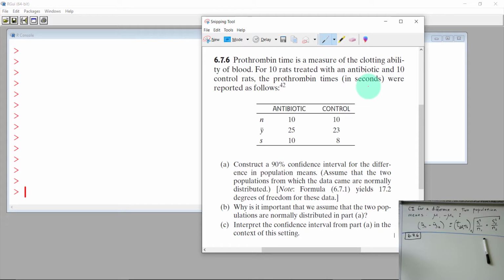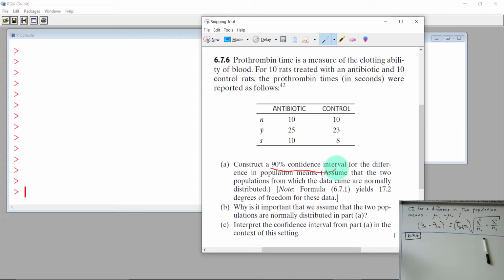So we've got two groups here. We've got the time in seconds for the blood clot time for the treatment group exposed to the antibiotics, and then also the control group. So we're going to construct a 90% confidence interval here. This is for the difference in population means.